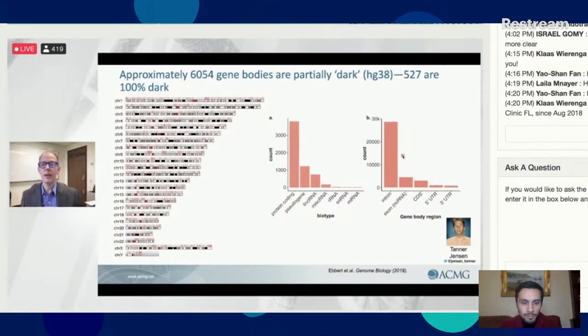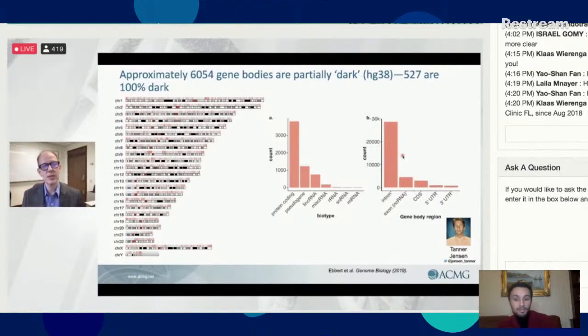Now, I hope this is a group that I don't have to persuade of the importance of introns. Introns are biologically critical, and a large proportion of disease-causing variants are actually intronic. So a lot of researchers will quickly discount introns and say, who cares if the introns are dark? But that's not true. There are a lot of intronic variants that cause disease.